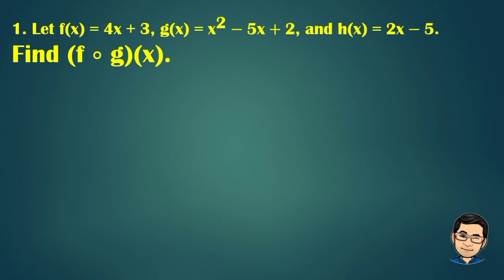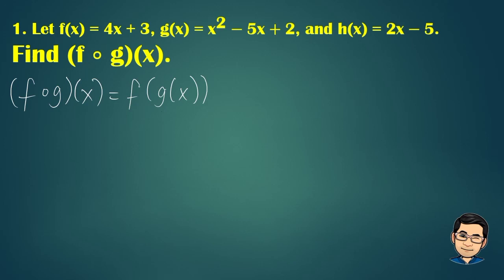So, mangyayari, f of g of x is equal to f times the quantity of g of x. Ayan. So, yung g of x natin na x squared minus 5x plus 2. So, magiging ganito siya. 4 times x.